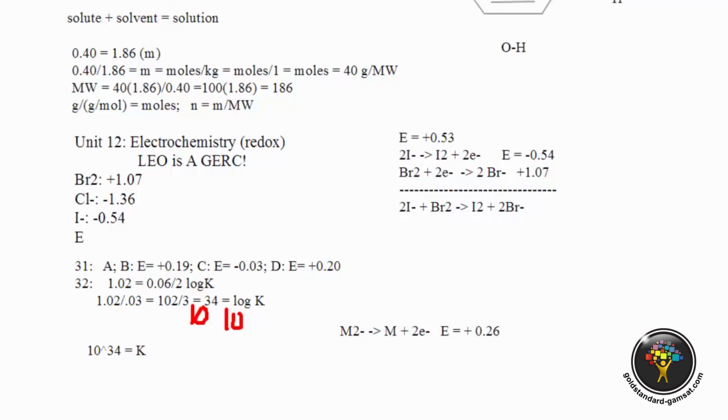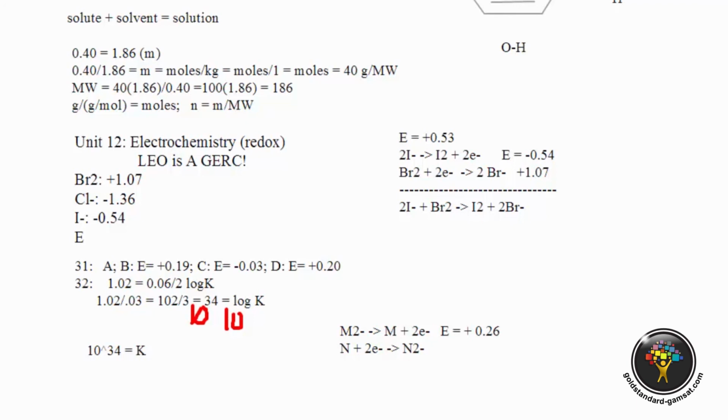Okay, so then the reduction reaction is with N. I'm just going to quickly write it: N plus 2 electrons goes to N2 minus.